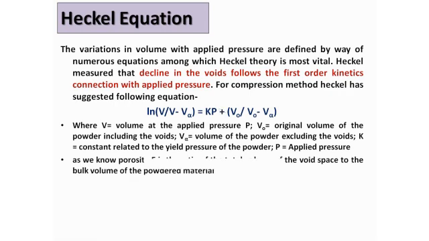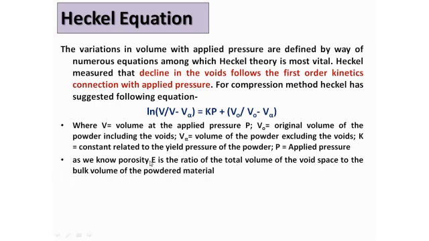Now the concept is that we know porosity means the voids. The porosity is designated with E. The porosity for powder can be defined as the total volume of the void space divided by the bulk volume of the powdered material.